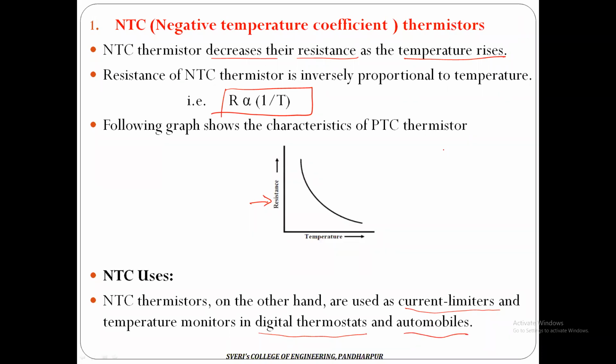मग आता आपल्या घरामध्ये, if you know that we use the refrigerator, is it right? So what is the actual function of refrigerator?